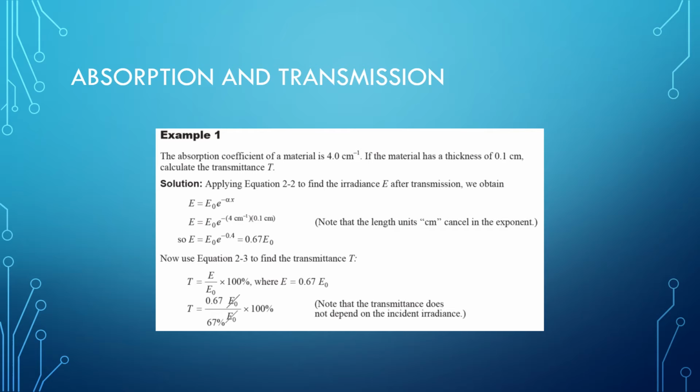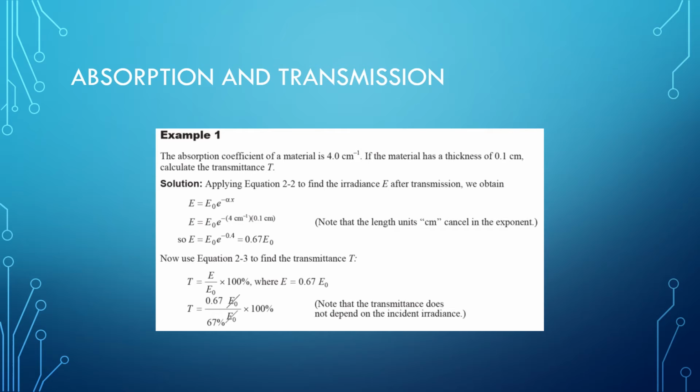In this case, E is equal to E0 times e to the minus 4 per centimeter times 0.1 centimeter, which ends up being e to the minus 0.4. So that tells us that E is equal to 0.67 E0.